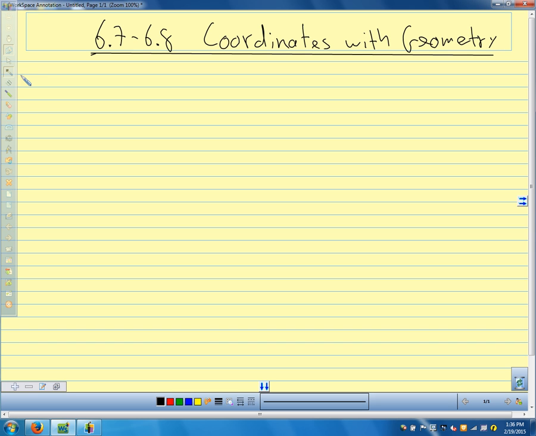So when we're using coordinates, we usually have, either we're given or we have, a graph. We're given some points. So we'll call them x1, y1, and x2, y2. One of the tools that we're going to use is slope.